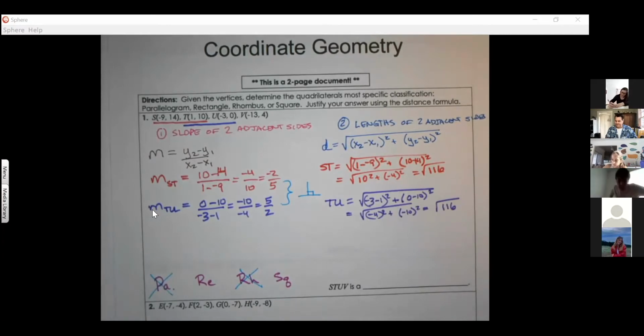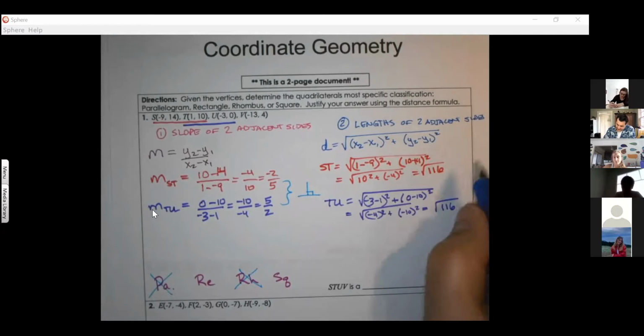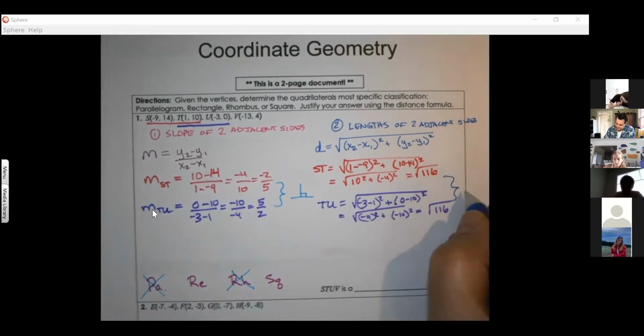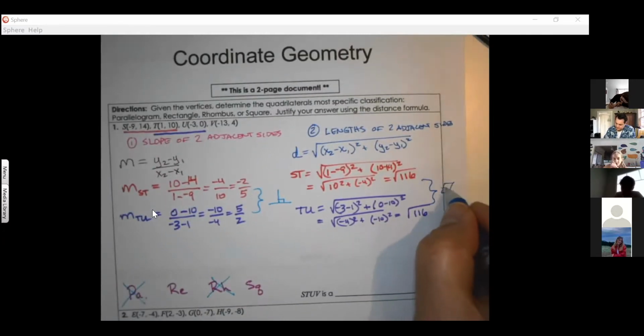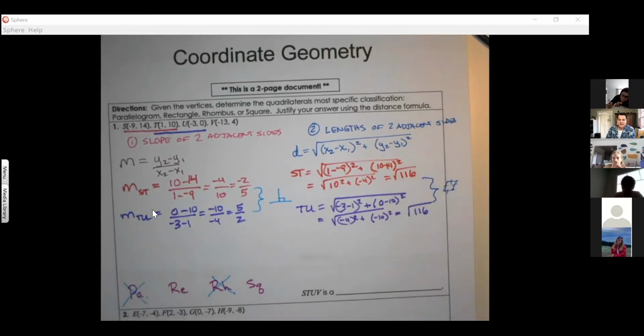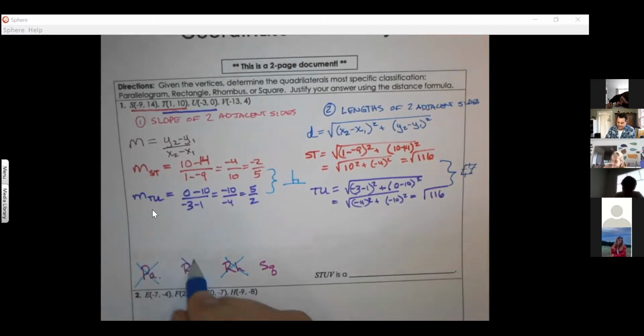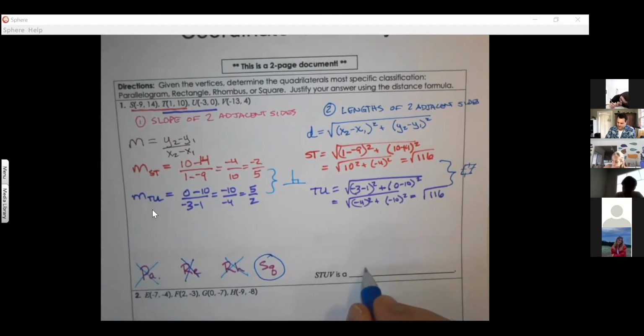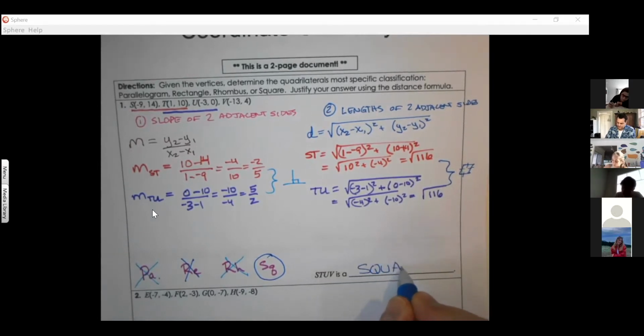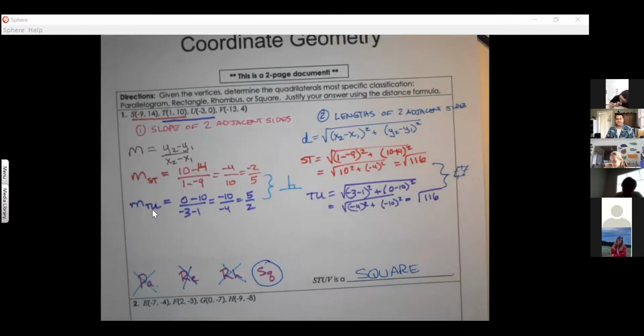What does that tell me? It tells me that it's equilateral, doesn't it? All four sides are the same. Therefore, it's either a rectangle or a square. It's not a rectangle. It has to be a square. So what shape is it? It's a square.